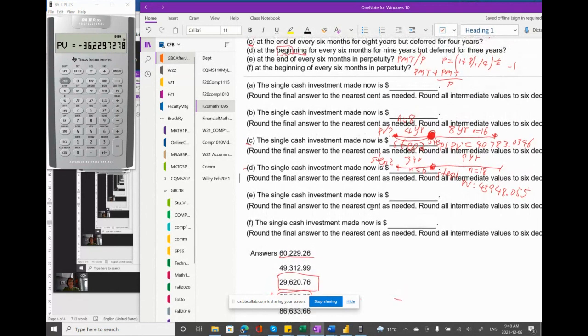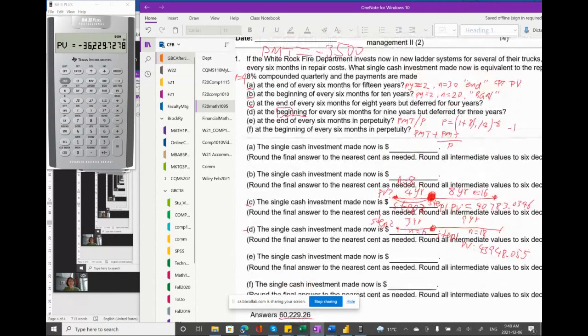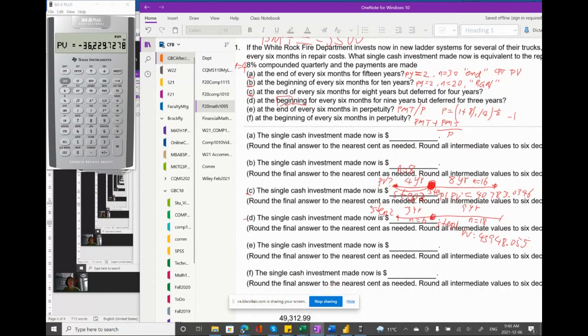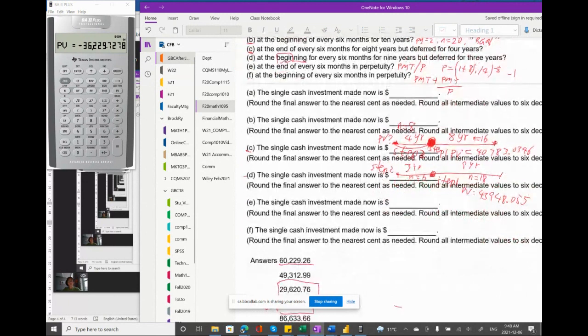Question E. If the payment is at the end of every 6 months in perpetuity, what is the present value? You use the formula PMT over P. Calculate the equivalent rate per payment period. P equal to 1 plus I raised to power C, minus 1.